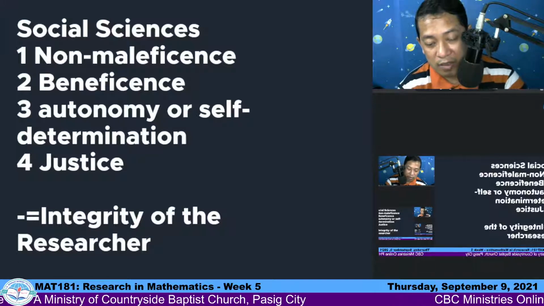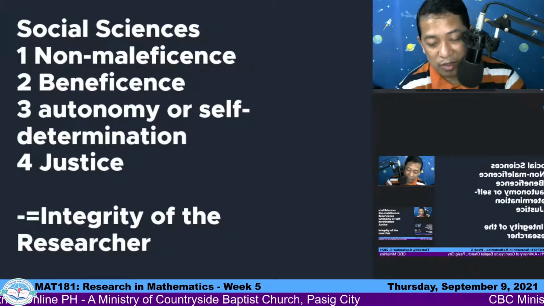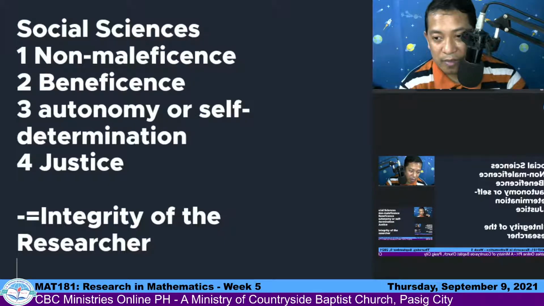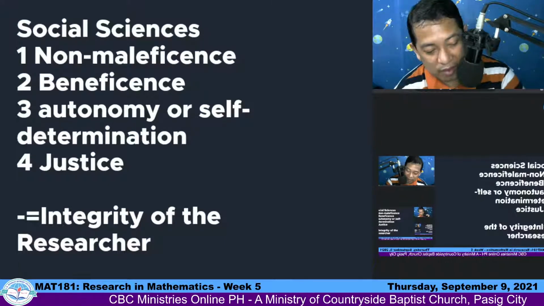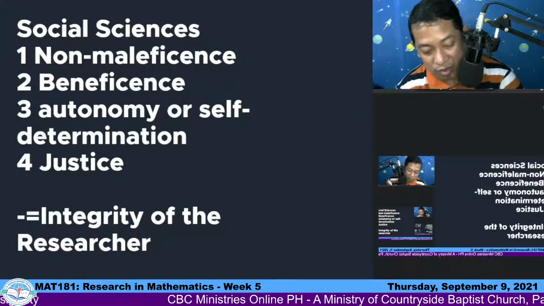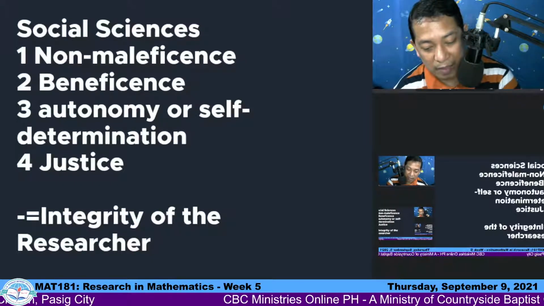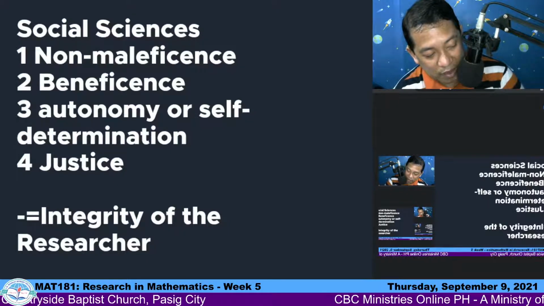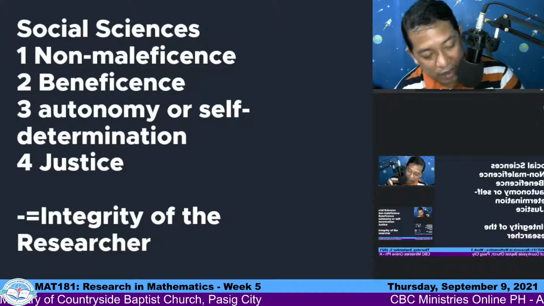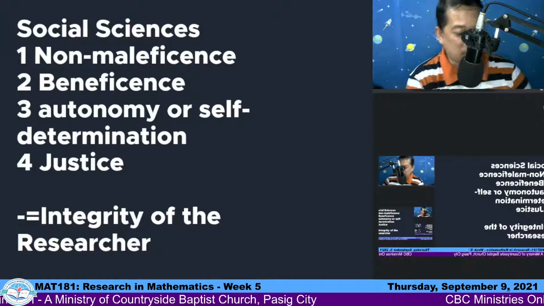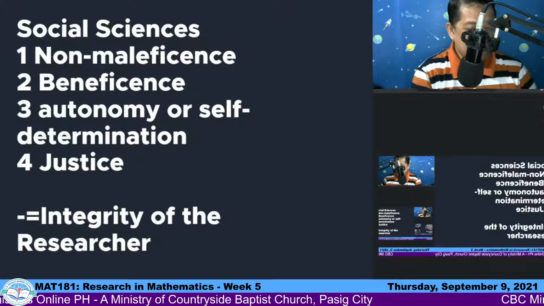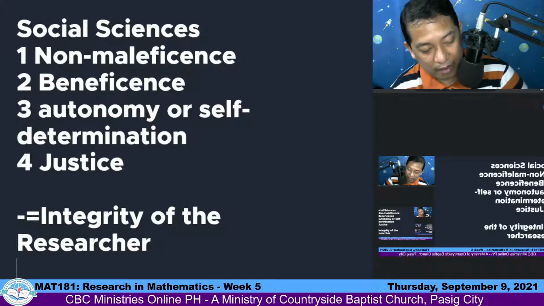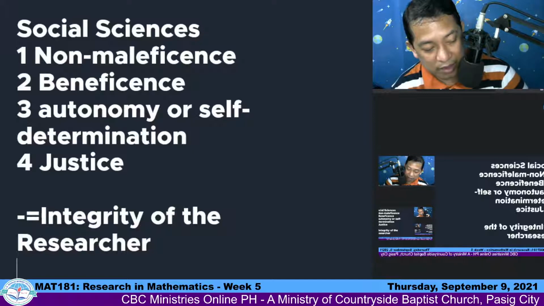O yun talagang layunin niya, malalaman ng katotohanan based on the research problem, and he must pursue truth, pursuit of truth. Yan dapat ang makita natin sa isang researcher. May integridad. They should be committed to discover and reporting things as honestly as possible.